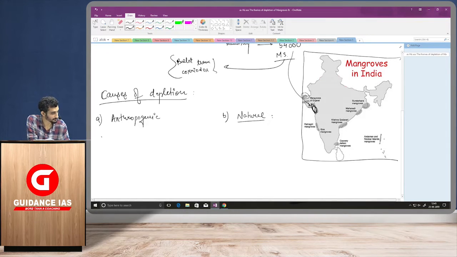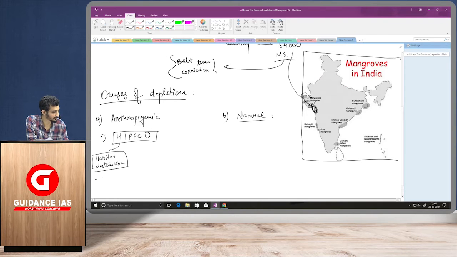So talking about anthropogenic causes, we have a very good framework, or you can say a mnemonic to write this, that is HIPCO. So HIPCO is a mnemonic which stands for habitat destruction. You can use this framework in every question of environment and ecology.